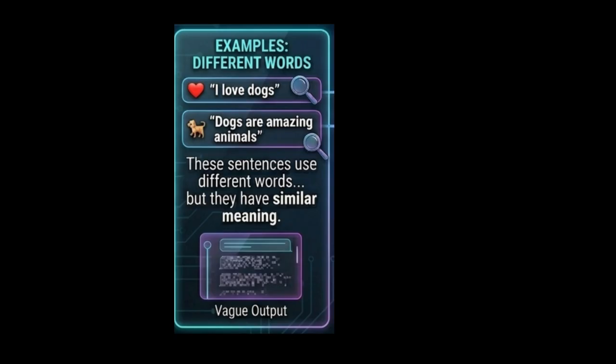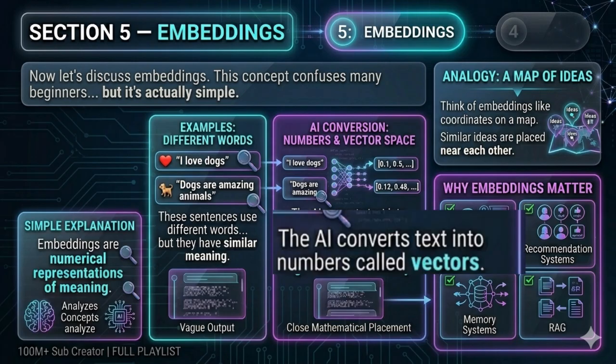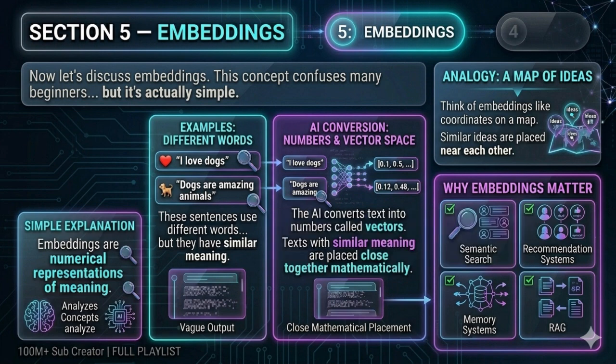These sentences use different words, but they have similar meaning. The AI converts text into numbers called vectors. Texts with similar meaning are placed close together mathematically. Think of embeddings like coordinates on a map. Similar ideas are placed near each other.